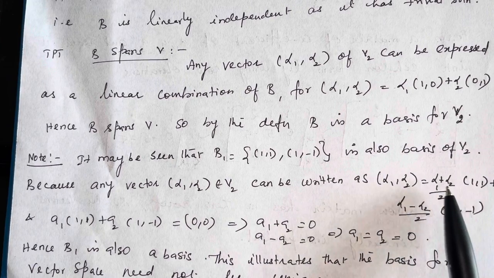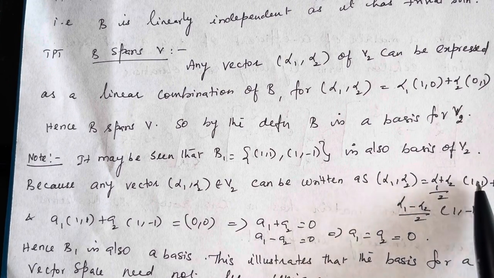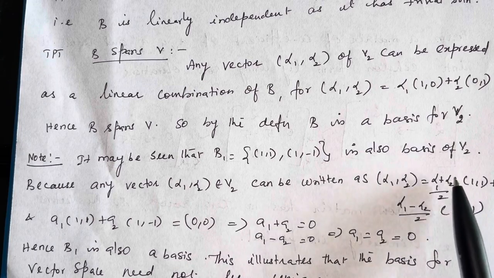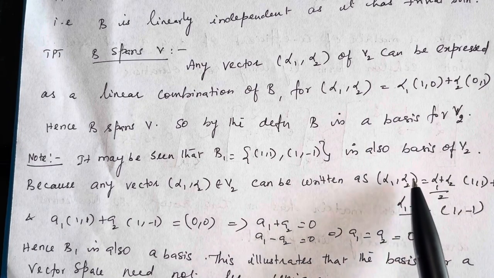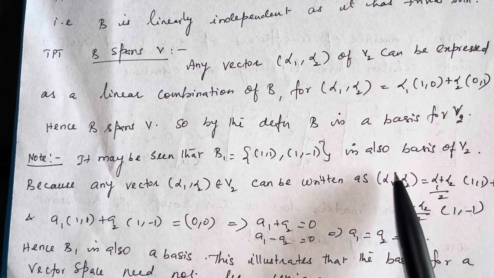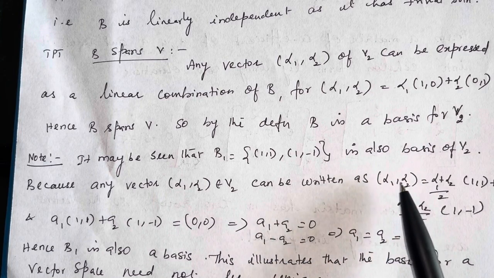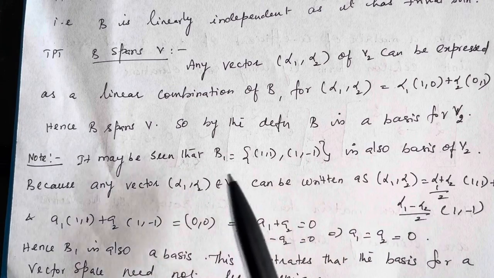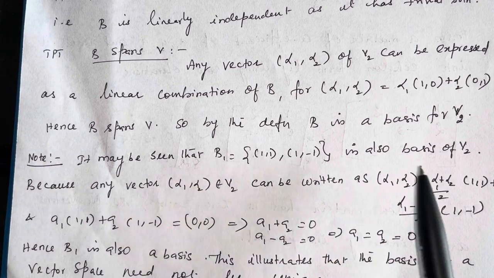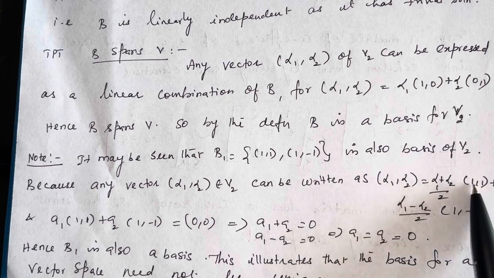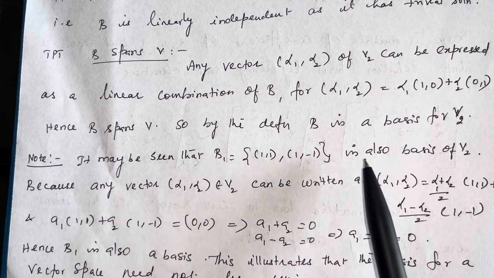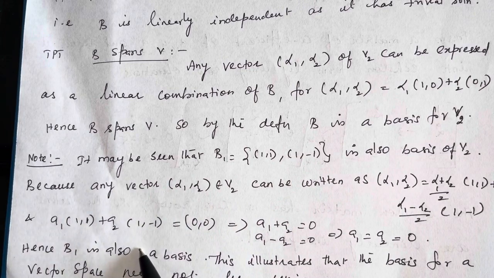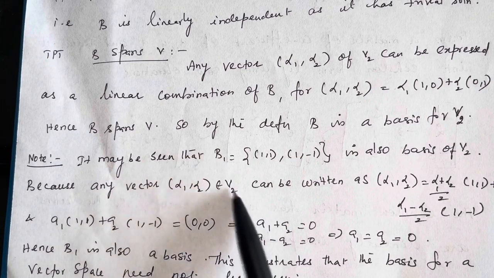When you solve this, you multiply with the coefficients, and you will get alpha 1 and alpha 2. So I am able to express the vector (alpha 1, alpha 2), which is an element in V2, in terms of the given subset (1, 1) and (1, -1), and hence B1 also spans V. So it is linearly independent and it spans V, so it is going to be a basis of V2.